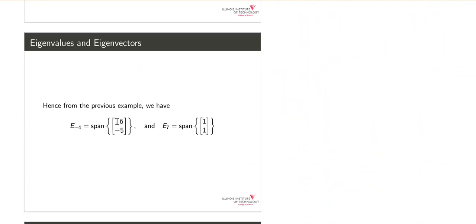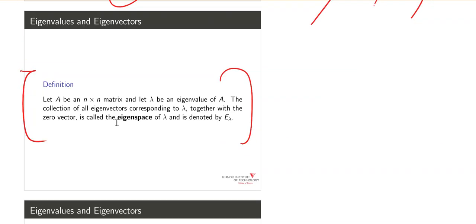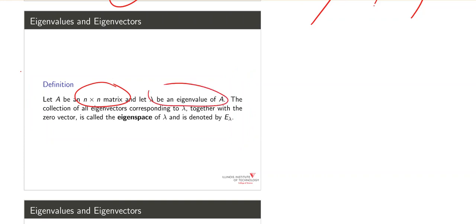We're going to find a proper language to put all this in perspective. We're going to give you this definition, which says that if you have a matrix A of size n by n, and you have a lambda which is an eigenvalue of A, then the collection of eigenvectors corresponding to that lambda, together with the 0 vector, is called an eigenspace of lambda.